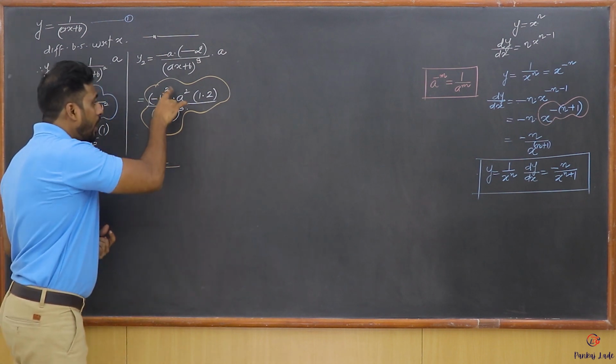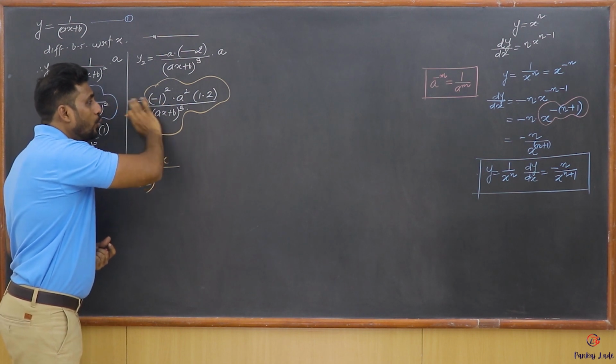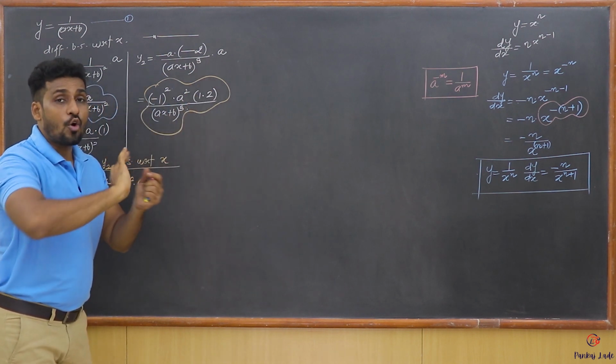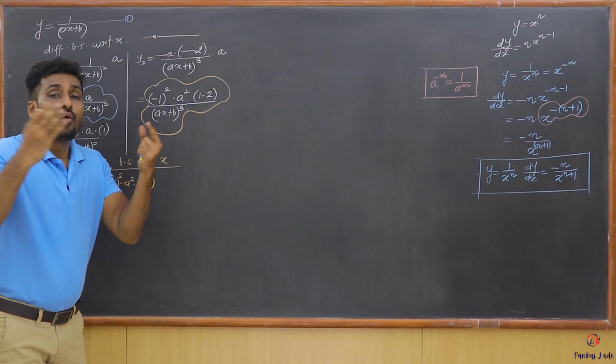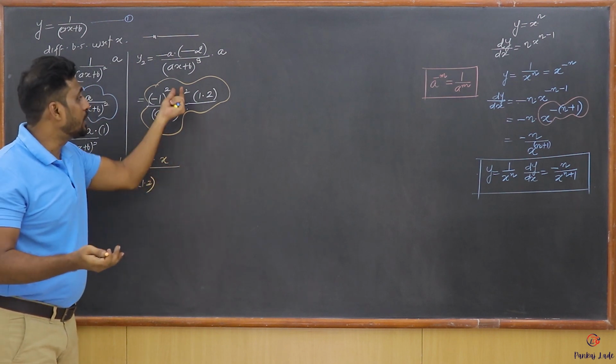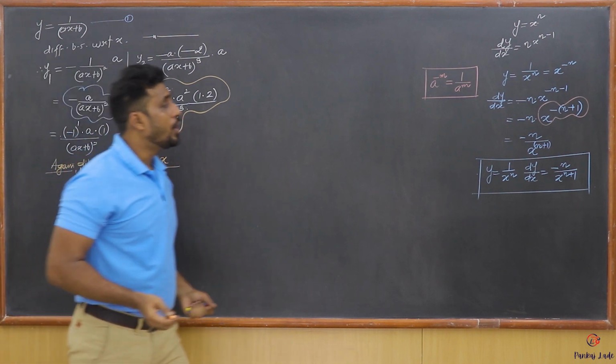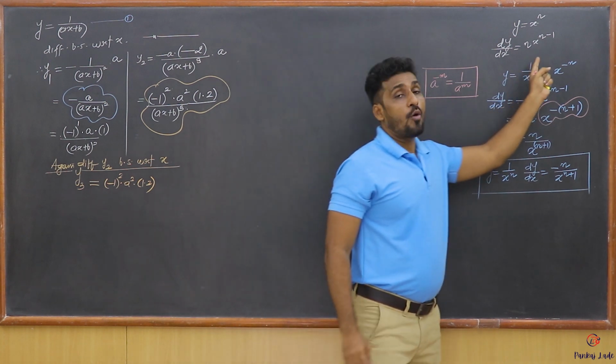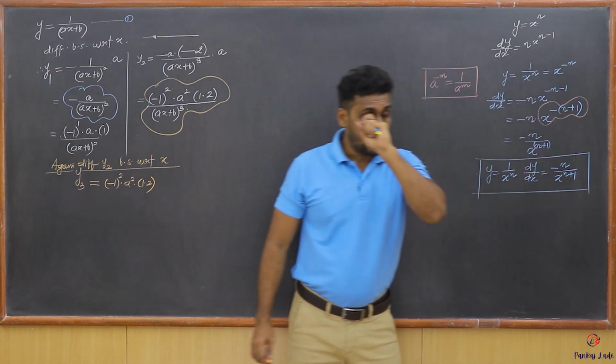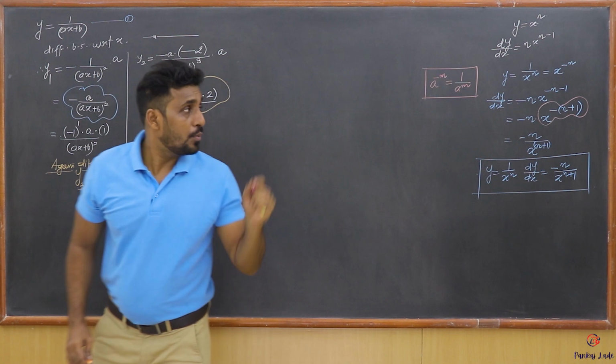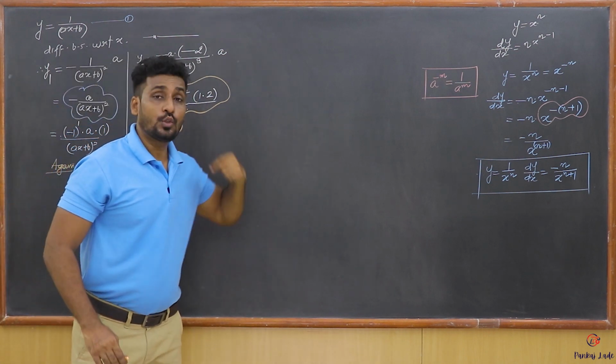Now observe, I have 1 upon ax plus b cube. Now the numerator is entirely a constant. It has been taken outside, so the space is vacant over there, isn't it? There is 1 now, 1 upon ax plus b whole cube. Again, I can make use of the same formula, 1 upon x raised to n. The formula is minus n upon x raised to n plus 1.